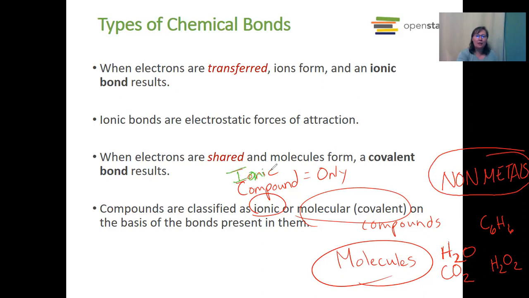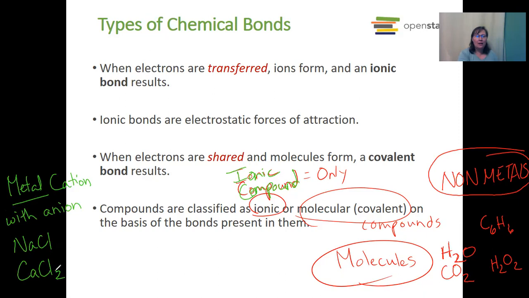Now let's look at our ionic compounds. Ionic compounds always have a metal cation with an anion. You have to look for that metal. Examples might be sodium chloride, calcium chloride, or magnesium sulfate.